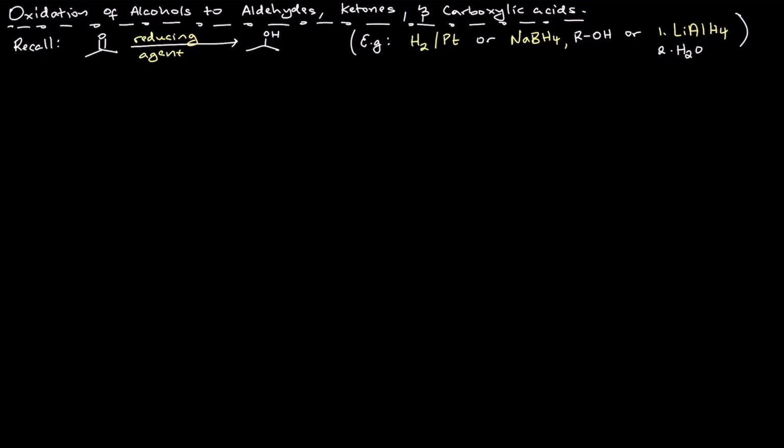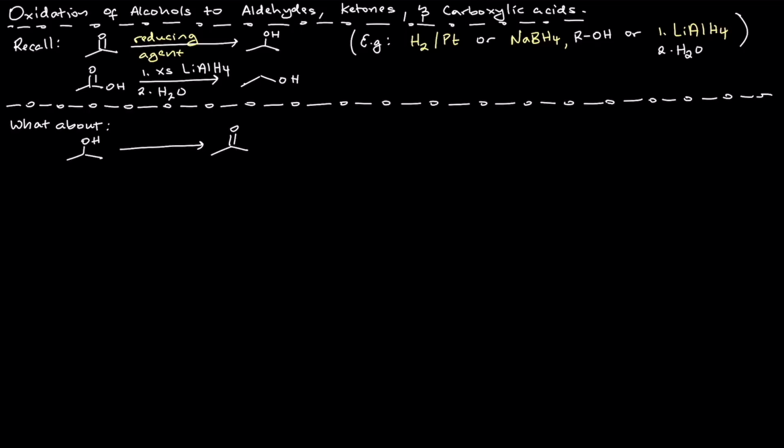Recall that lithium aluminum hydride is your really strong reducing agent that can uniquely also reduce carboxylic acids and esters to alcohols. For example, take acetic acid and react it with excess lithium aluminum hydride and then react the products of that with water, and you're going to get ethanol. But what if you want to go back?